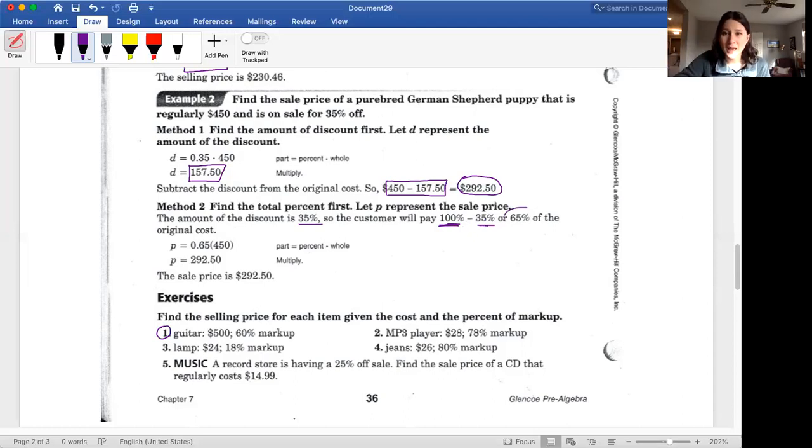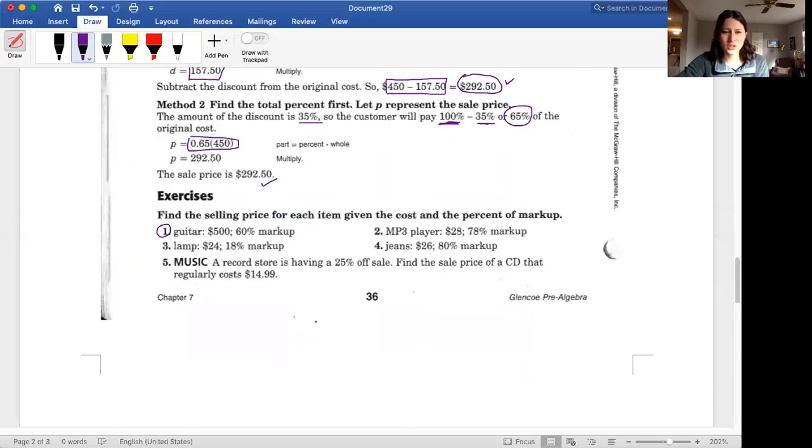So really you're paying 65% of the original cost. And so when you subtract ahead of time, then all you have to do is multiply the percentage of what you're actually paying by the cost. So 0.65 times 450, and you get the same answer as what's up here. So let's try it two ways with number 5.